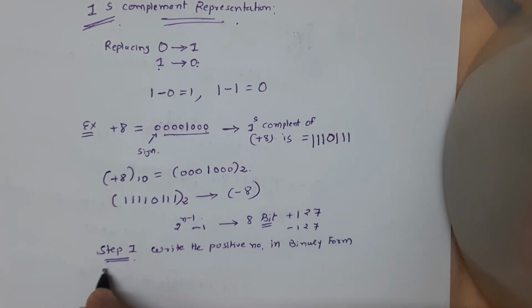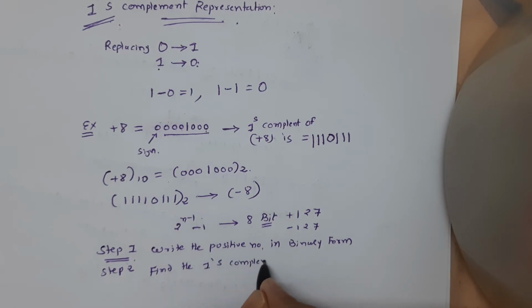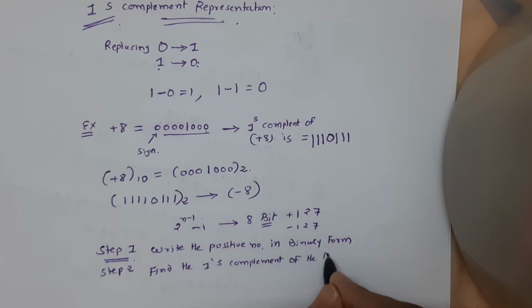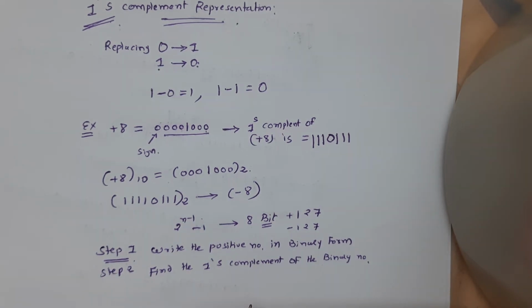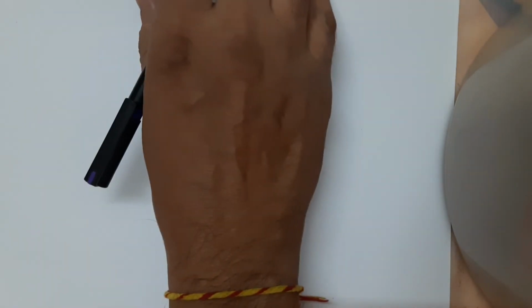And second step: find the ones complement of the binary number. Right? We are discussing this with the help of some examples, so that you understand very clearly how to convert the number with the help of ones complement.